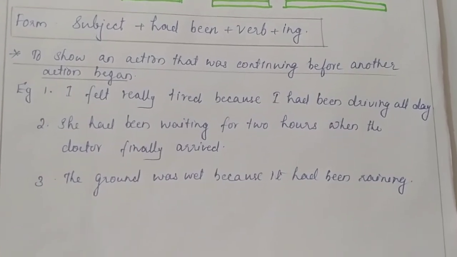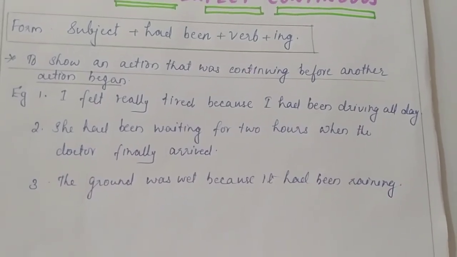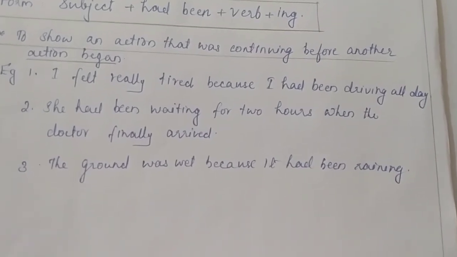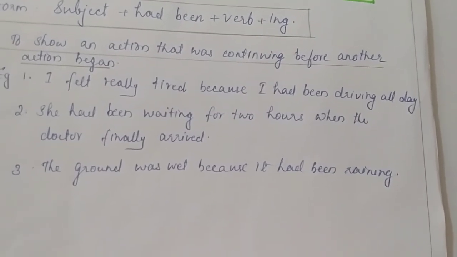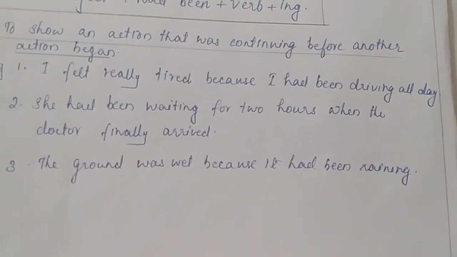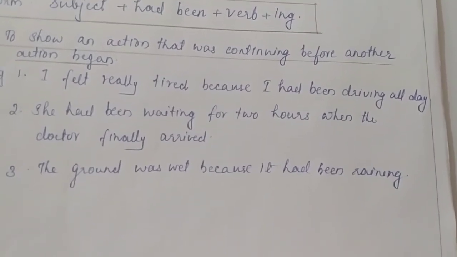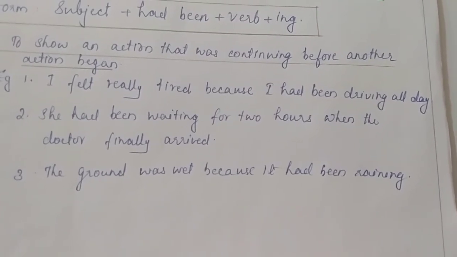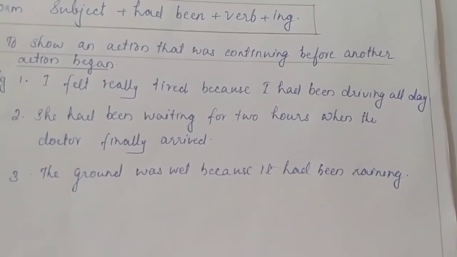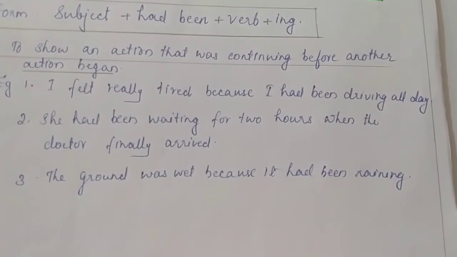Okay, example. I felt really tired because I had been driving all day. Second example, it will be more clear for you. She had been waiting for 2 hours when the doctor finally arrived. Actually, she had been waiting for 2 hours. The doctor did not come, but the doctor finally arrived there. That is the second action. Another action began there. The doctor arrived.